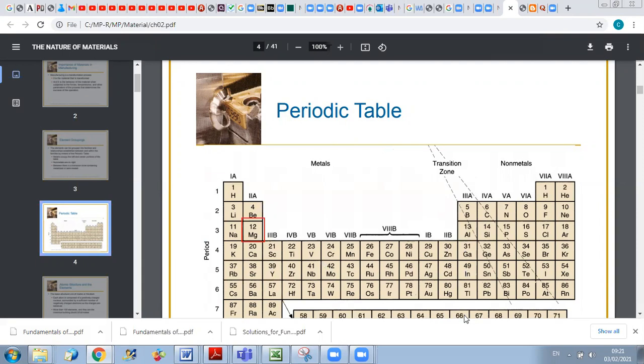What is the idea? A metal in general can give a positive ion. So whenever you have group 1, 2, 3, it will tend to lose electrons to give ions. This is why groups 1, 2, and 3 are almost all metals.